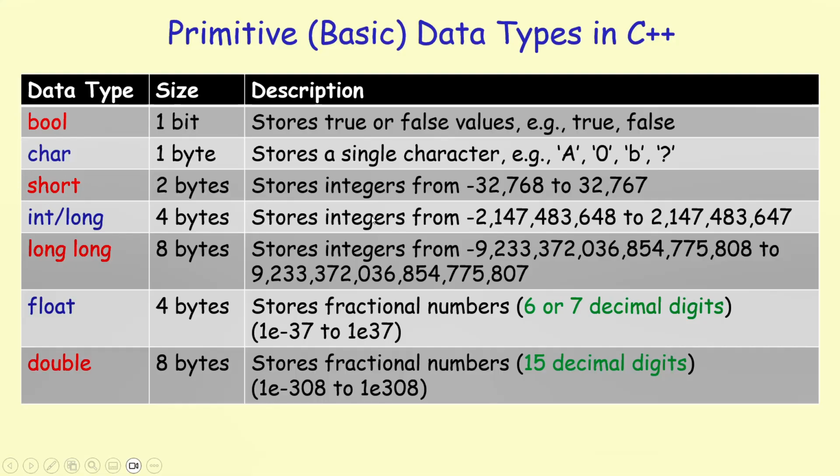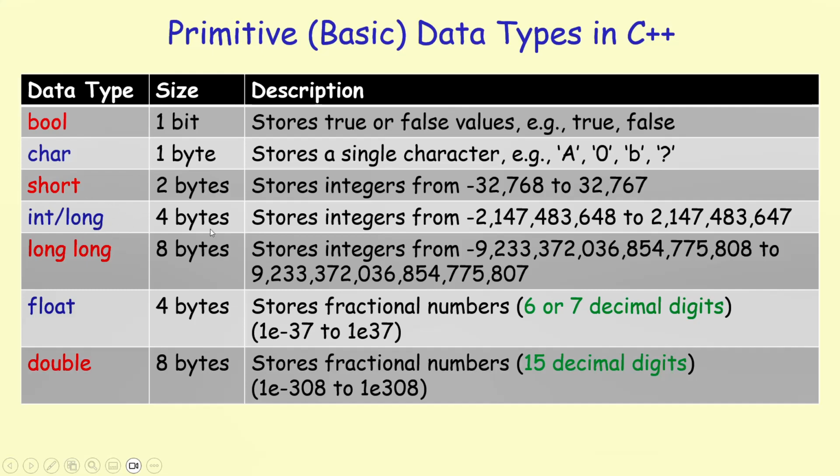Again, it's also used to store integers. It occupies 2 bytes in memory. And the range of values that you can store in a short variable is from minus 32,000 to around plus 32,000. The next one, again to store integers, is int and long. Interestingly enough, the C++ variable type long is an integer.